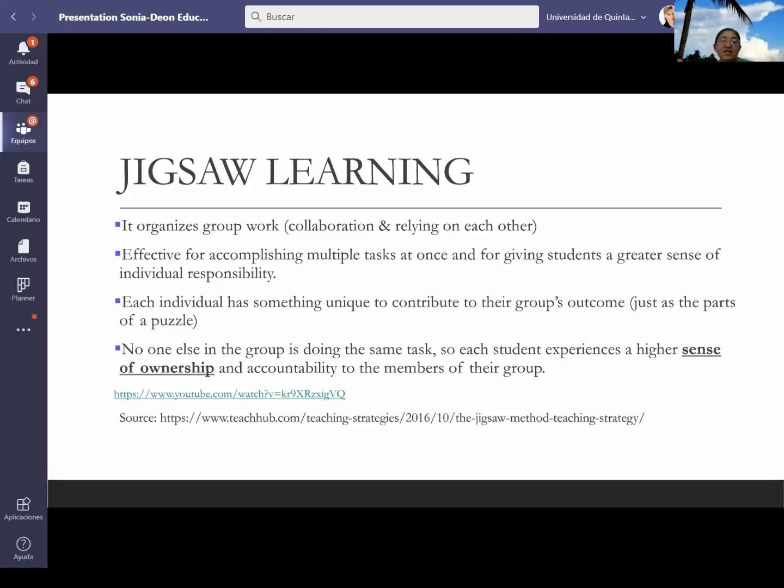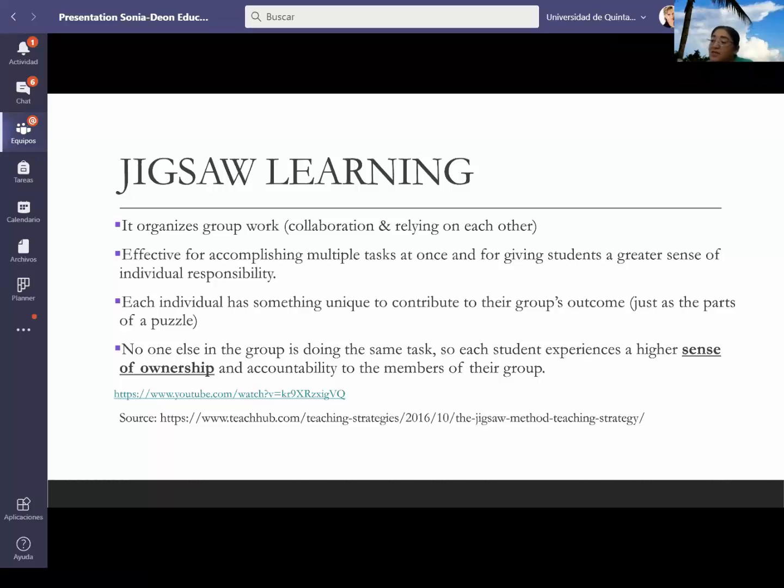Here it says each individual has something unique to contribute to their group's outcome. No one else in the group is doing the same task. So the student has a higher sense of ownership and accountability. This means they have to answer to their team if they don't do their part, okay? Everybody has to do their part so that this works. If not, it's not going to work.